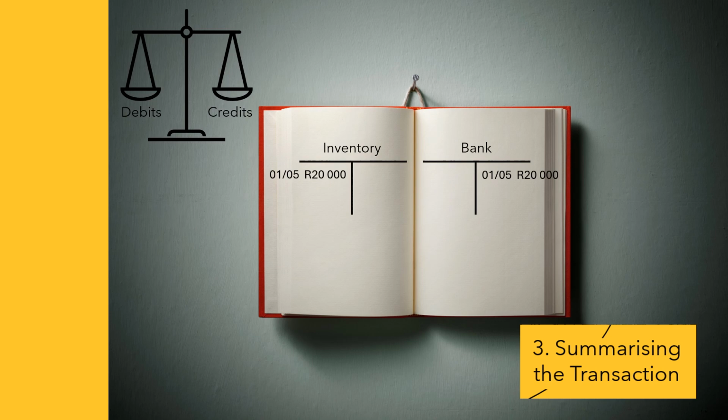So we can assume that you have been the owner of Bright Gym for quite a while, and your bank had 190,000 from the previous month. You bought the 20,000 Rand worth of shirts, and now you have 170,000 left. But there's a correct way to close all accounts, and I'll show that to you at a later stage.